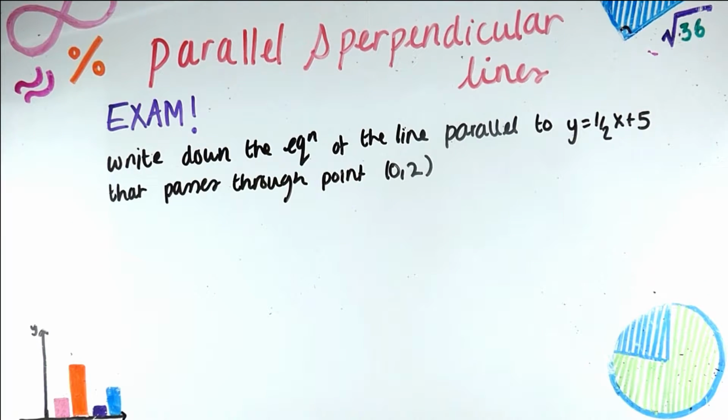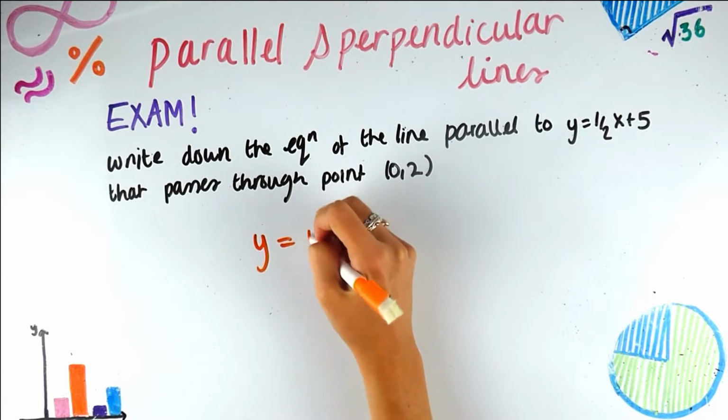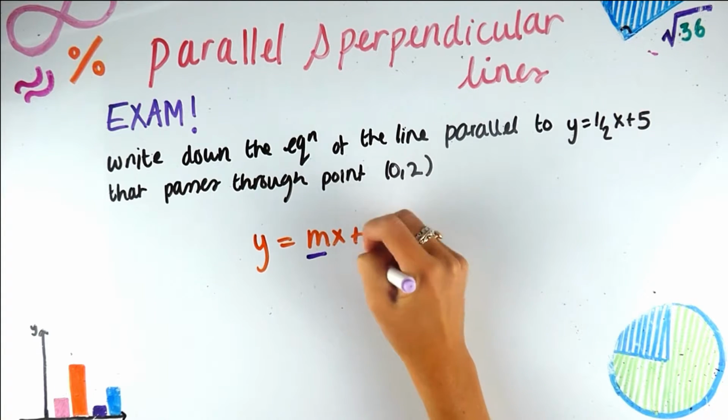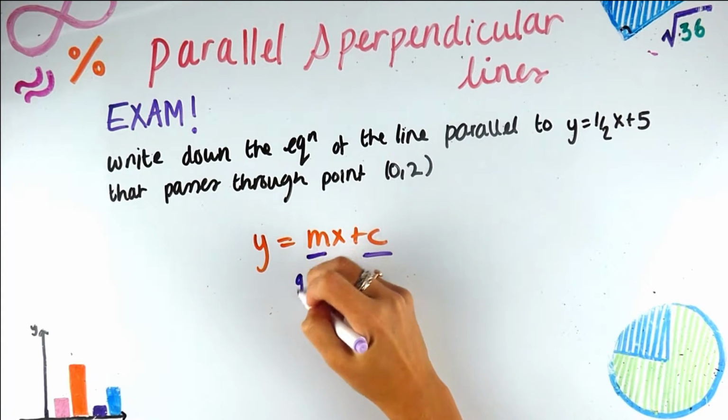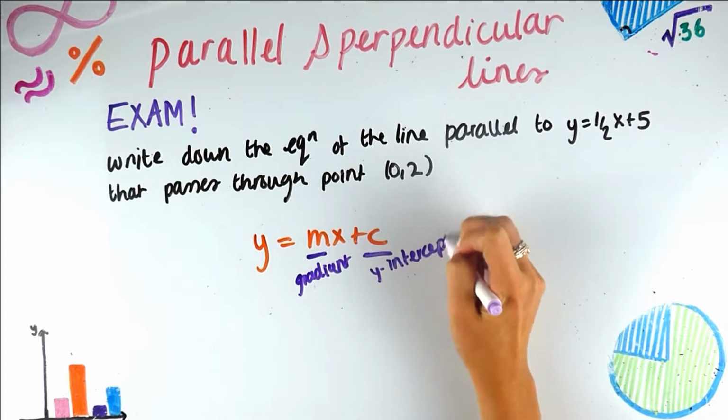Okay, so exam question number 1. Write down the equation of the line parallel to y = 1/2 x + 5 that passes through the point (0, 0). So we're writing down the equation of a line, and we know the equation of a line is y = mx + c. So we know we need to find the m value and the c value. So we know we need to find the gradient and the y-intercept.